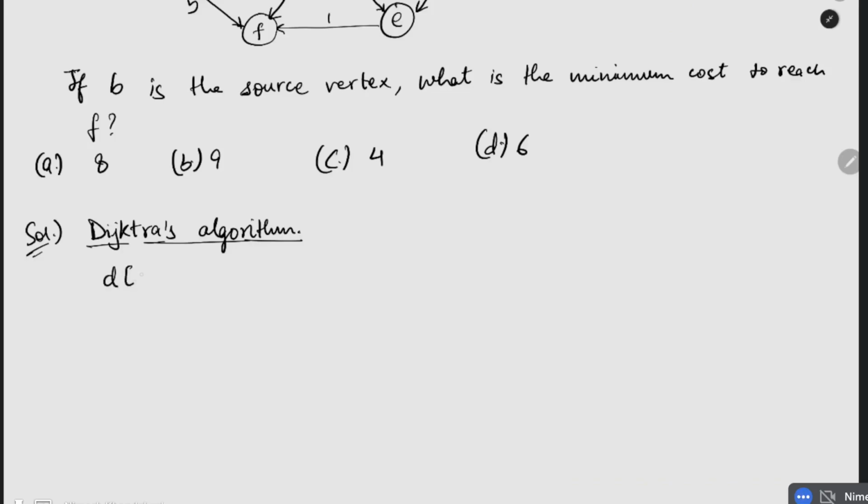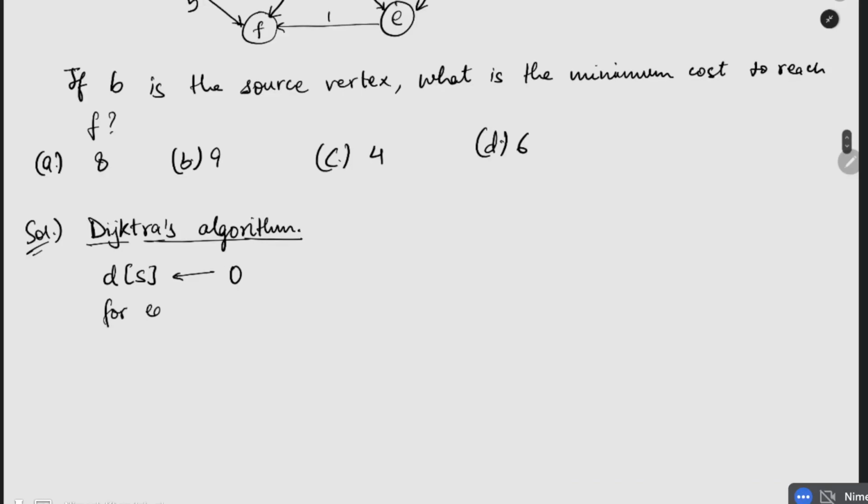So we have a source node and we initialize the distance of the source node to itself as 0, and then for each vertex except the source node, we initialize the distance as infinite, right?